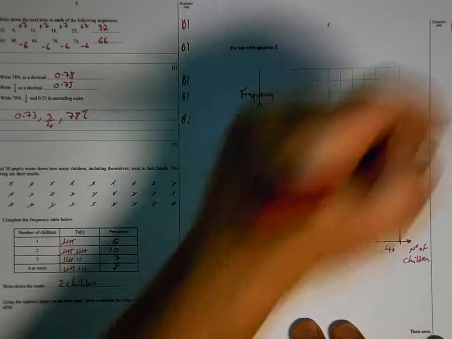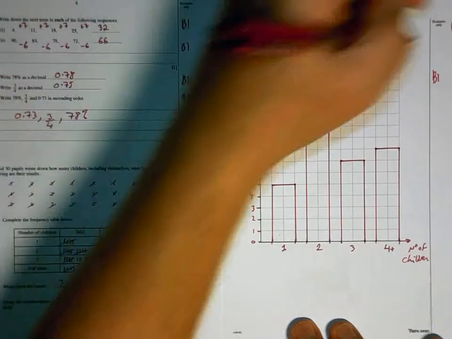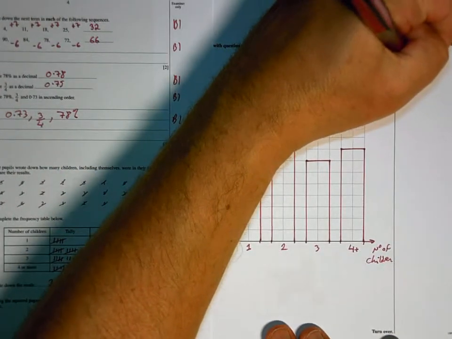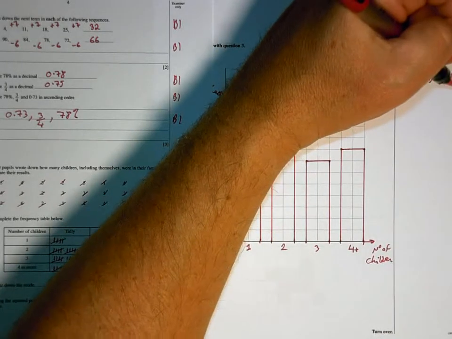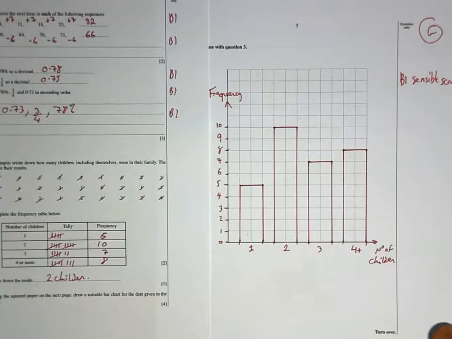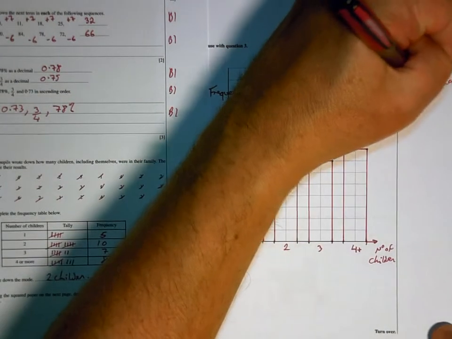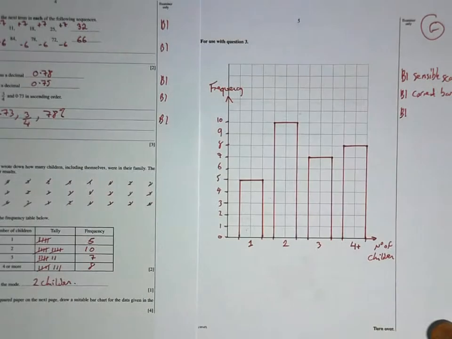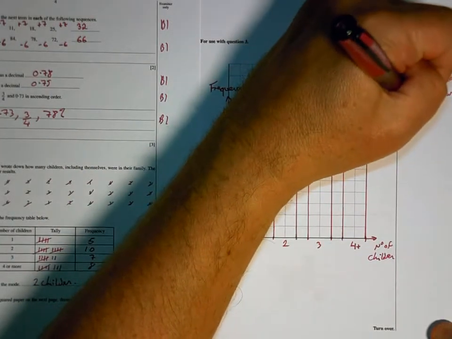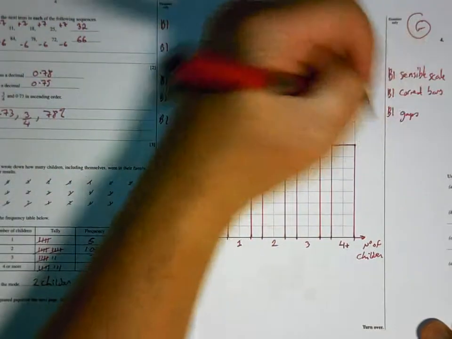So the 4 marks there, you'll get 1 mark for a sensible axis, sensible scale. You'll get 1 for correct bars. You get 1 for the gaps and 1 for the labeling.